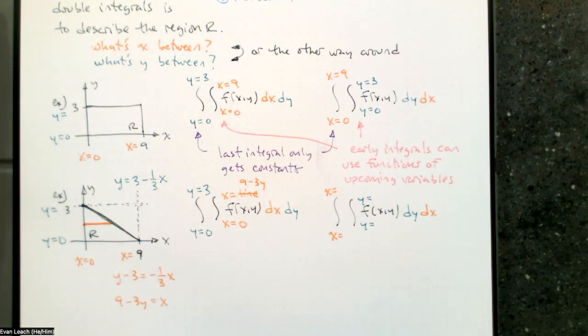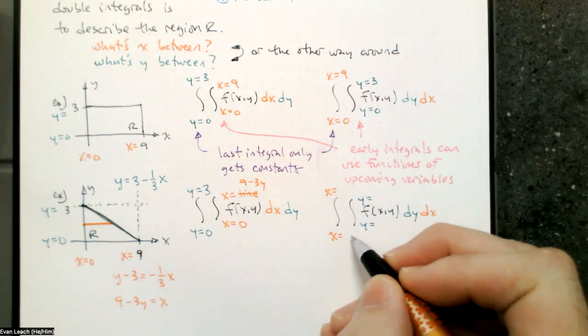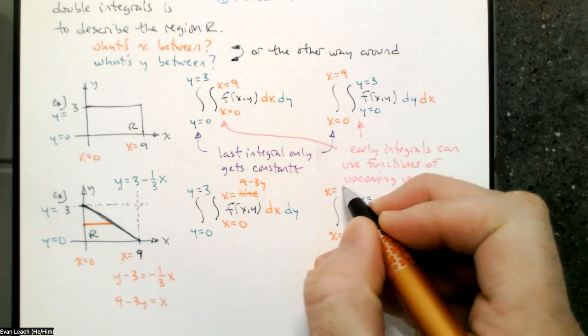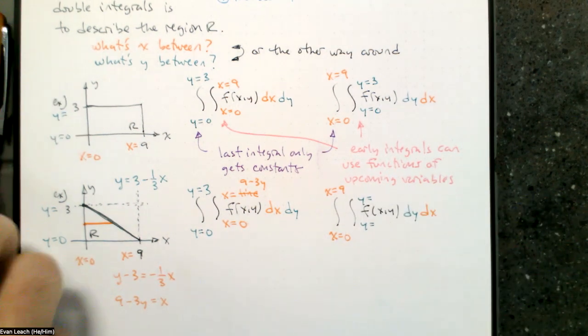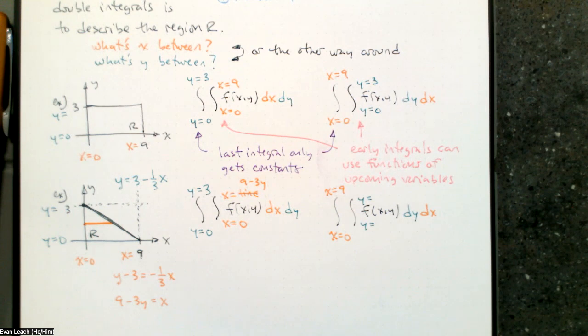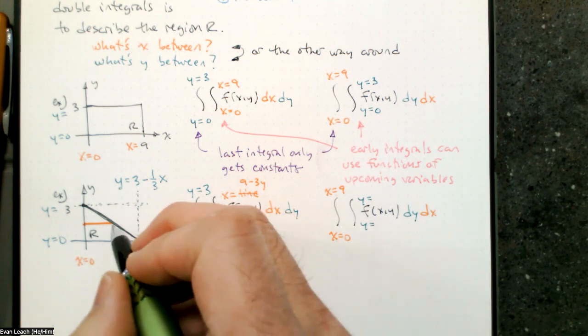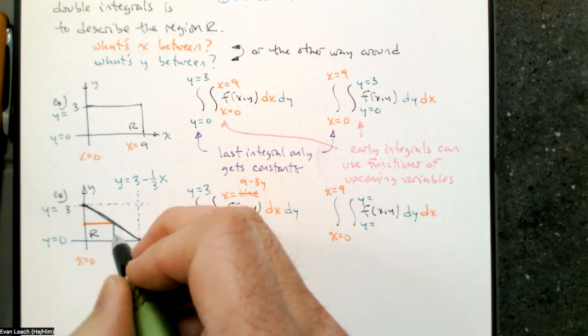In the dy dx integral, things will look different. The last integral is the x integral. And so that's the one that has to be constant. So x goes from 0 to 9. The last integral, we only get to use constants. For the y integral, we're going to look at the region. We're going to pick a random x value in the region and say, what is y between?